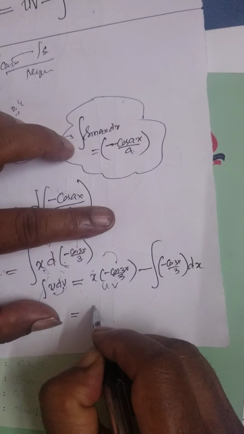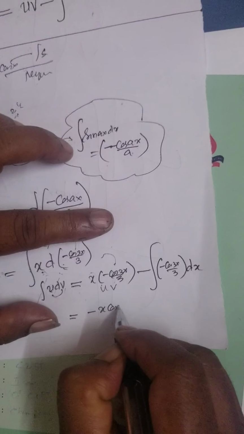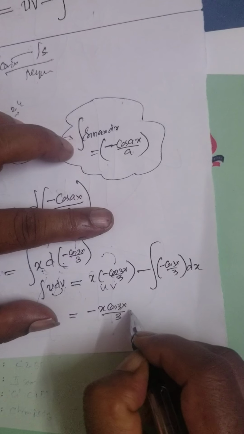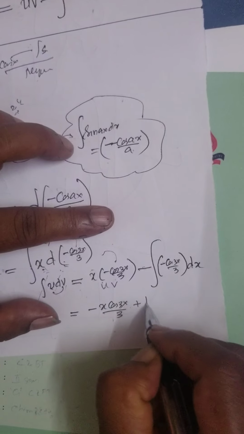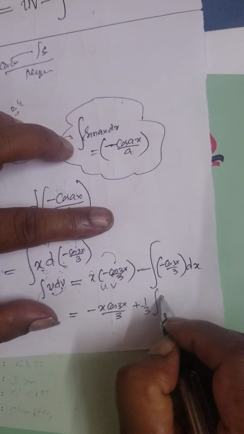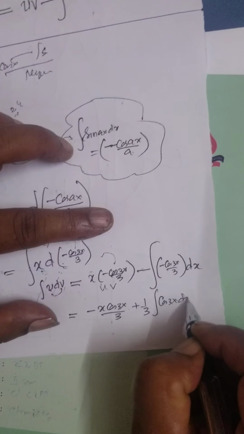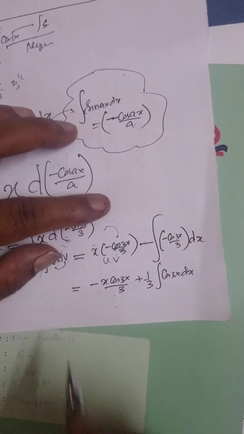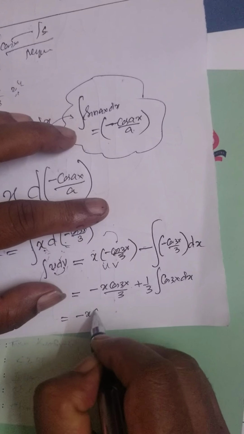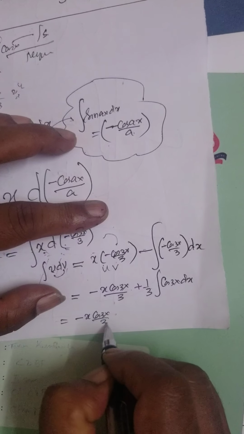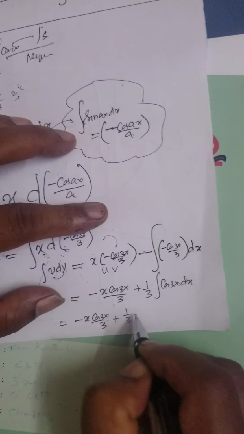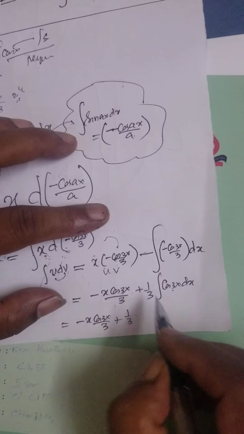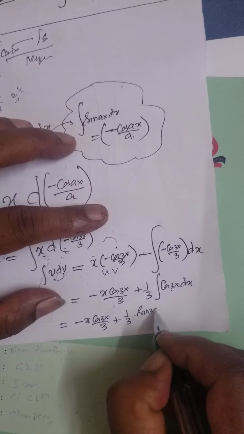Now this is minus x cos 3x by 3. Minus to minus, plus 1 by 3. I will take it out. Integration of cos 3x dx. Now minus x cos 3x by 3 plus 1 by 3, integral of cos 3x, sine 3x by 3.